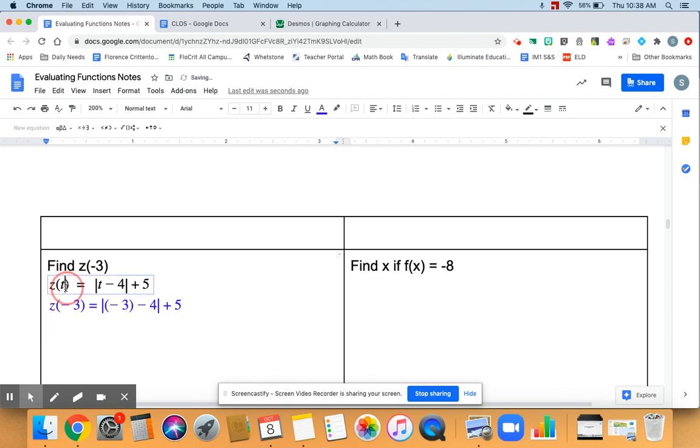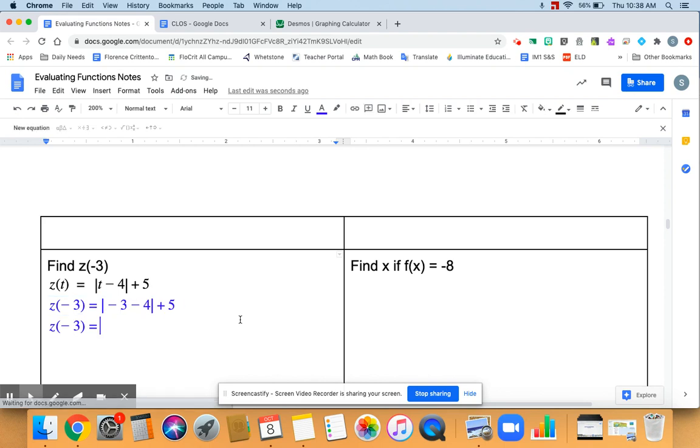So t worked no differently than if it was an x. Z, when I plug in negative 3, is going to equal, since there's nothing in front of this parentheses, there's no number to multiply, nothing like that, I can drop the parentheses. So it's just negative 3 minus 4. Negative 3 minus 4 is negative 7.